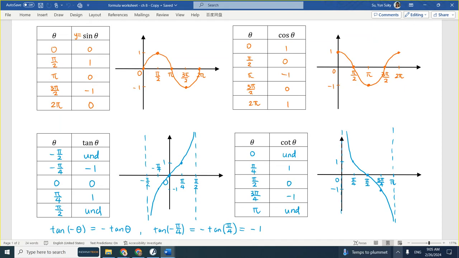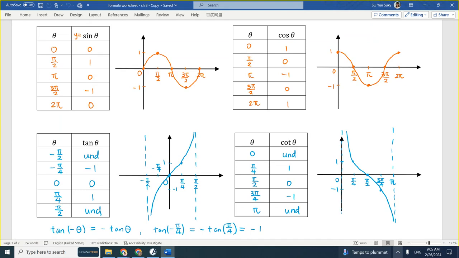And then cotangent. The cotangent shape is like you flip it upside down. The period is still pi, but the interval now is from 0 to pi.